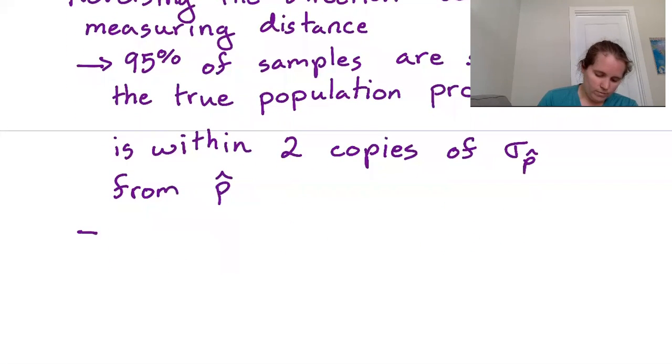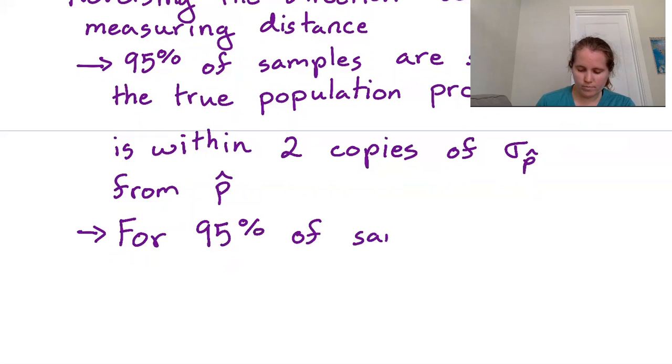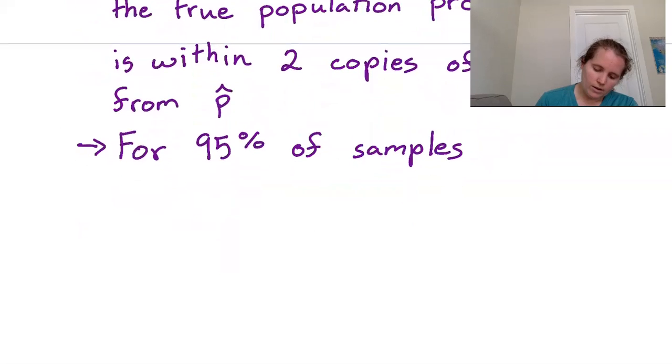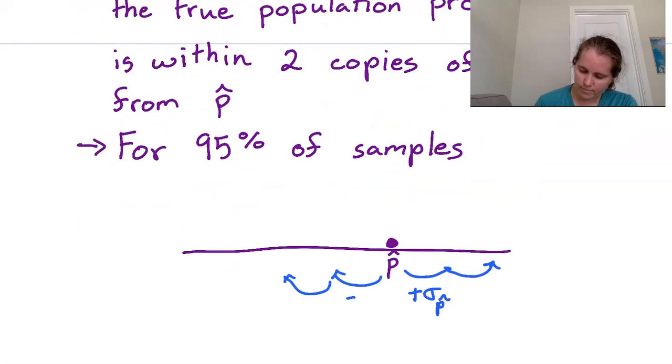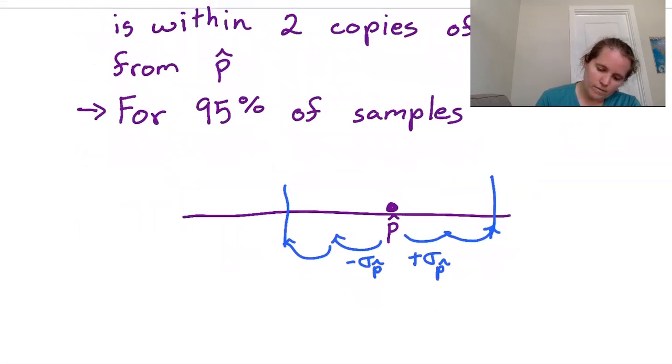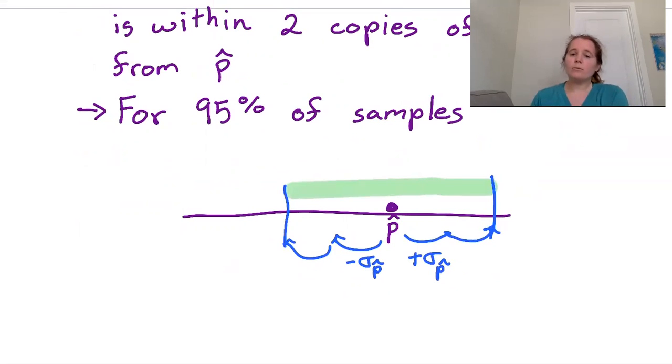In other words, for 95% of samples, if we look at our number line and place p-hat, and then go out to each side by 2 copies of sigma sub p-hat, P will fall within the interval created around that sample's p-hat.